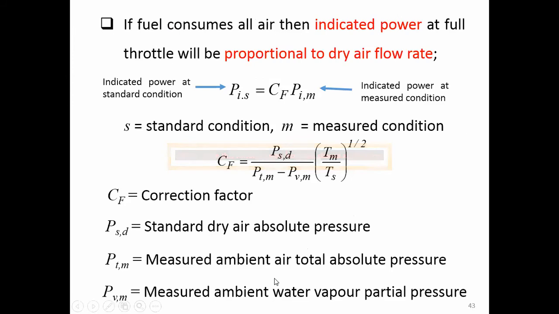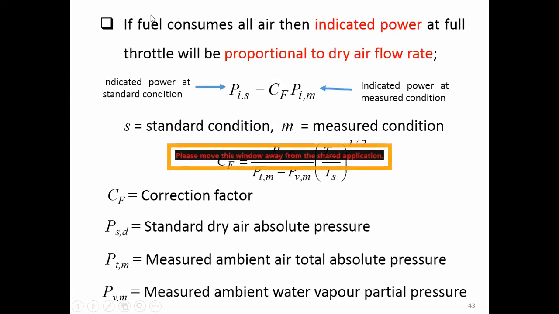Okay. How about the power, not the fuel? Now, if our fuel can consume all the air that flows in, then the indicated power at full throttle, that is wide open, will be proportional to the dry air flow rate.